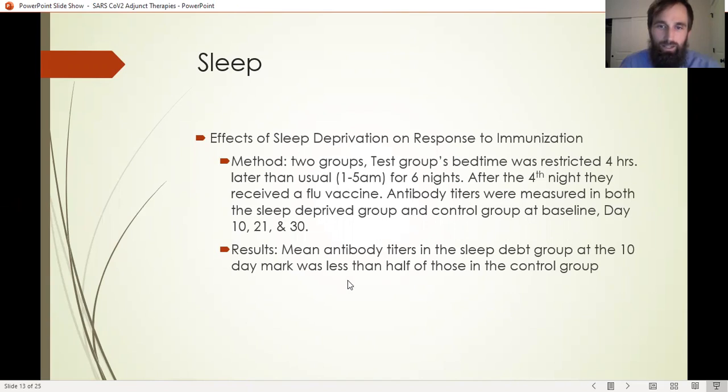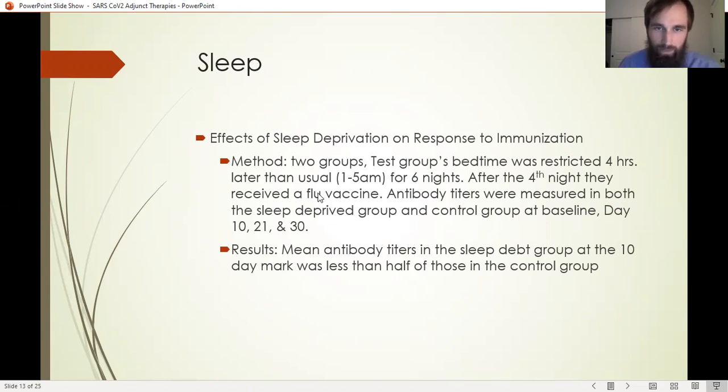And you can see the severity of sleep deprivation. There were less than half the amount of antibodies present in the group that was not getting enough sleep. So that highlights the importance of sleep. This study used the flu vaccine to trigger the immune system.